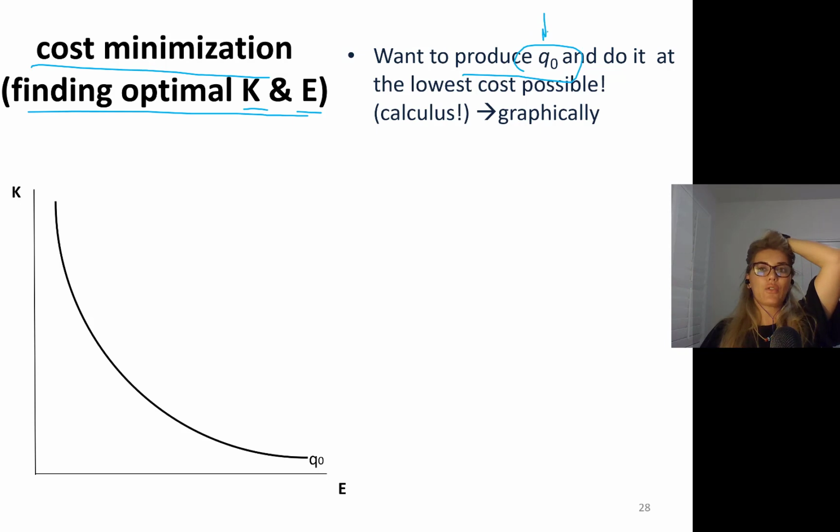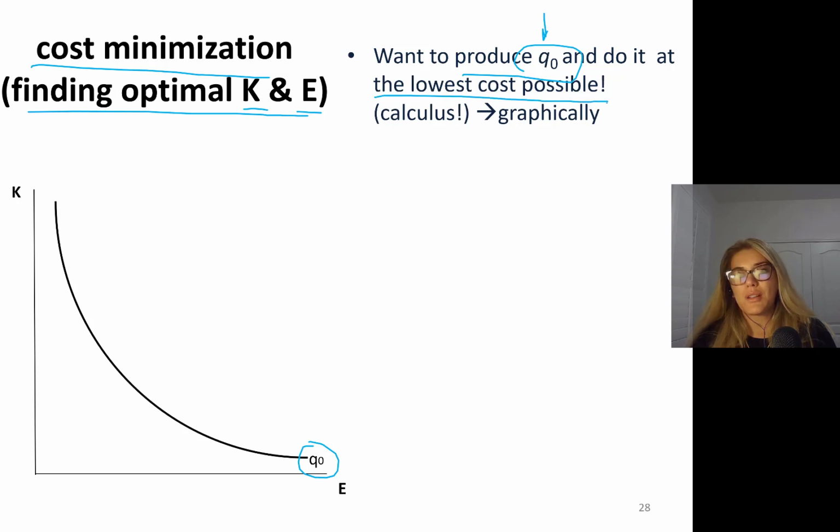But if Q0 is the profit-maximizing level and you're minimizing cost at the same time, then that becomes the best level of output and you're doing it right. But imagine I want to produce Q0. We'll talk about that later. So I'm trying to do it at the lowest cost possible. It's available in calculus, but you're not responsible for the calculus. I just want you to know how to do these things graphically.